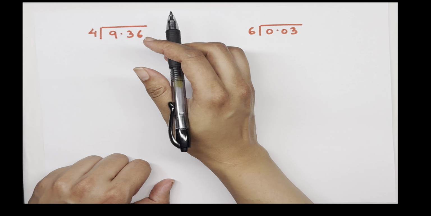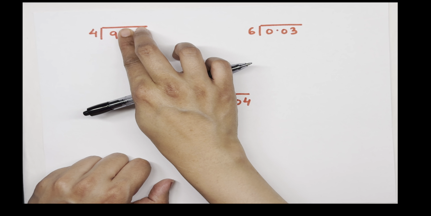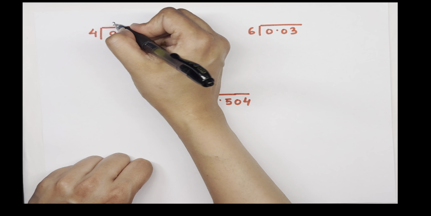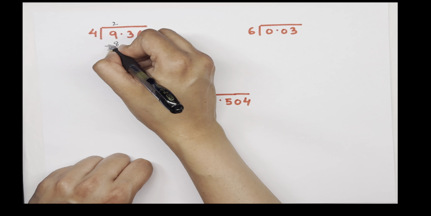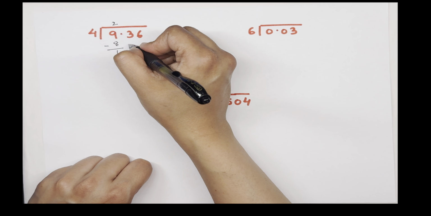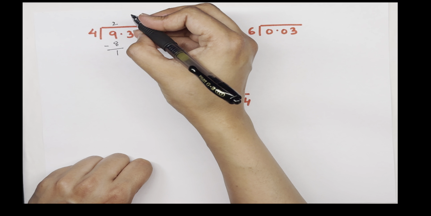9.36 divided by 4. Yes, 9 is big, 4 is small, so it's going. 4 times 2 is 8. 9 minus 8 is 1. We cannot bring down 3 right there because the decimal is blocking your way.